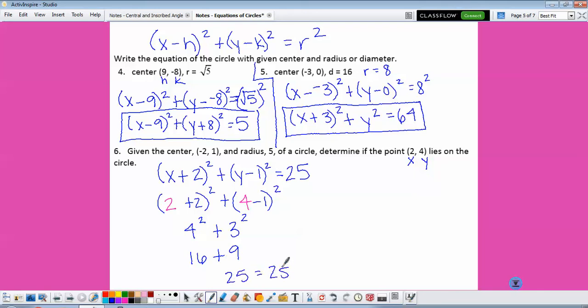That equals the 25 we had at the beginning. So yes, 2, 4 is on the circle.